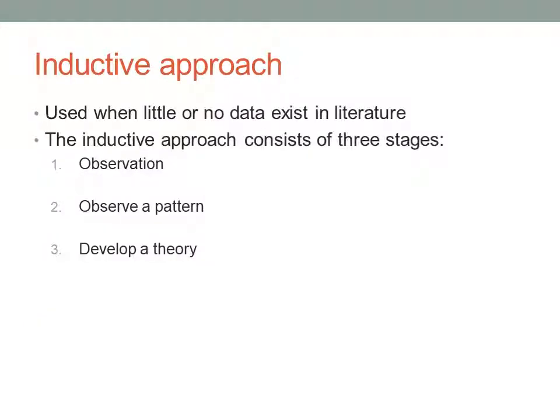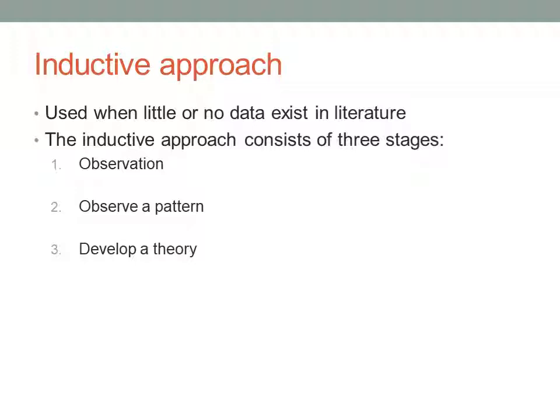Okay, let's see what is the inductive approach again. Now, when you have little or no data existing in literature, you will go into the inductive approach. That is why we say we develop a theory where you don't have any theory based upon these observations.